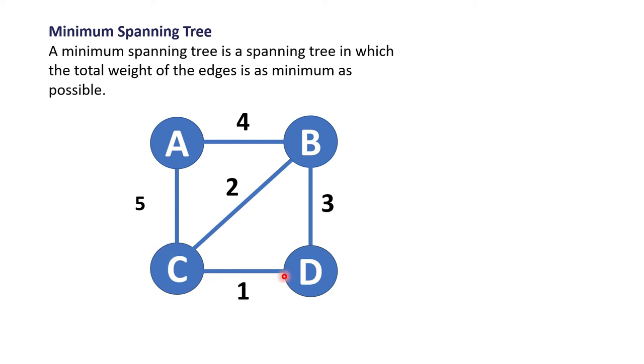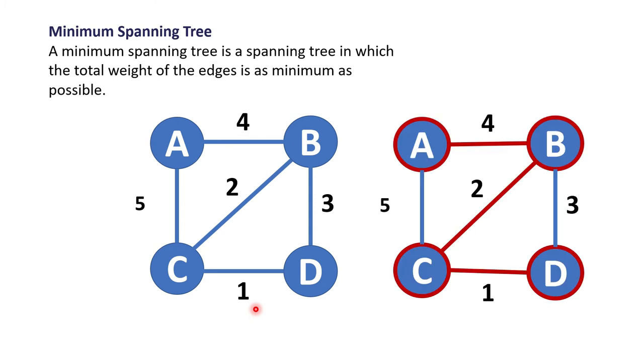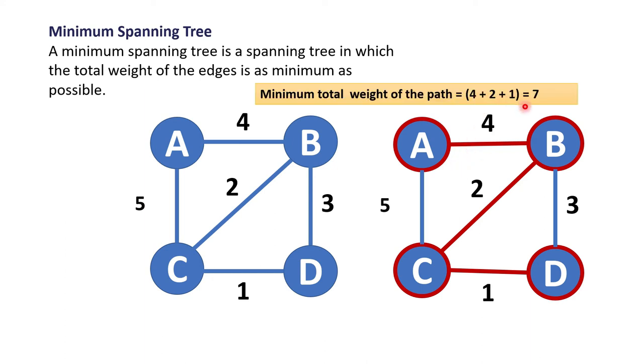If we take anything else, the weight will be more. If I take this route and this route, then the total will be 4 plus 2 plus 1, that is 7. That is my minimum weight to connect all these nodes. If I take this one, then this one and this one, it will be 4 plus 3 plus 1, that is 8, more than 7. So this is all about minimum spanning tree.